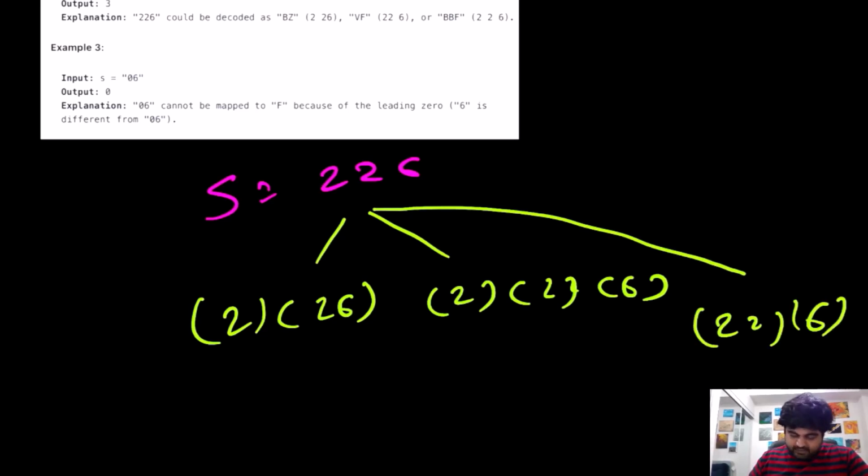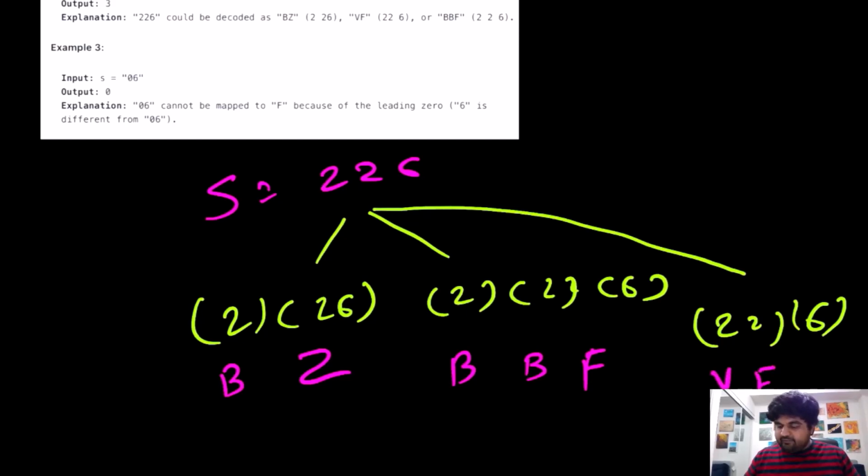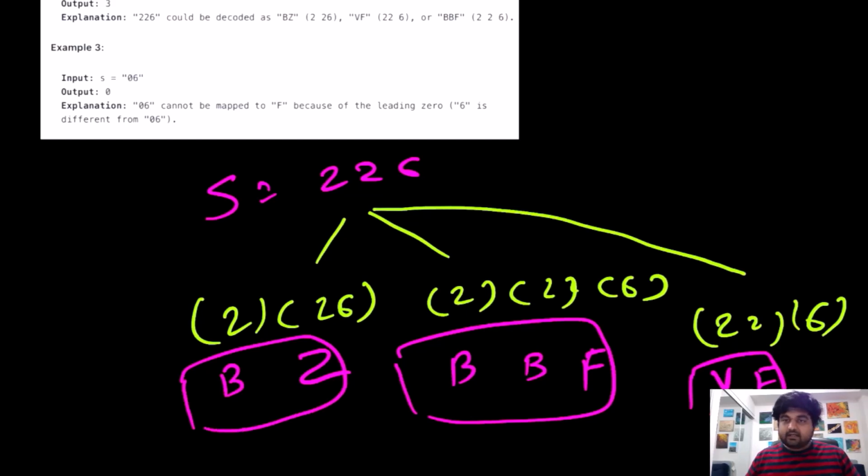If we check the values, these would become B Z, B B F, and V F. So we can see that there are three ways of decoding this given string, and in the answer we will return the value 3.